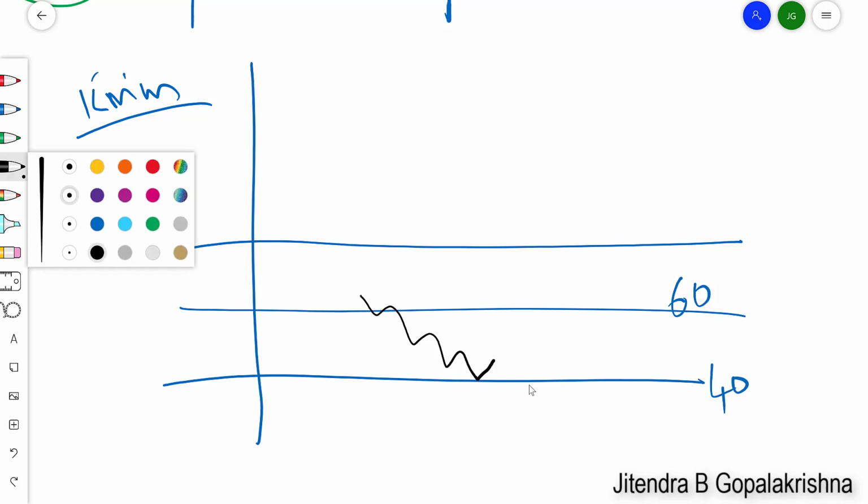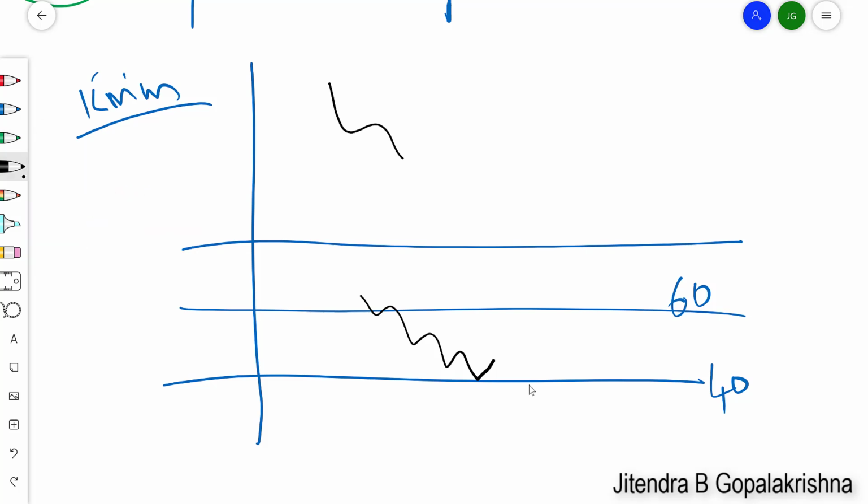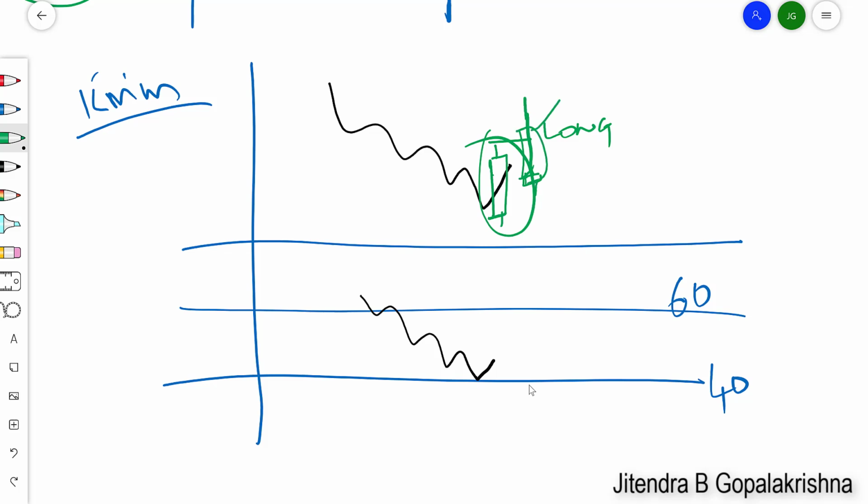Exactly at that point, the price has come up and is tending to go up, and at this point we need a strong bullish candle, and we said above this we will go long. After this, the next candle forms like this and goes up. In this candle we will go long; this is the entry candle. This first one, which is a bullish candle, is the signal candle.